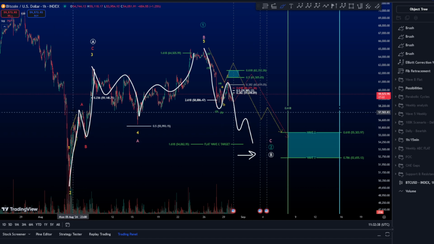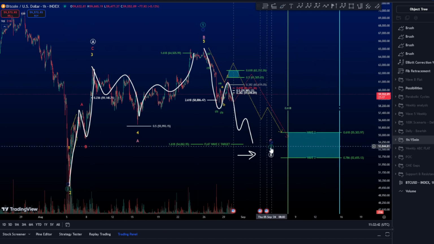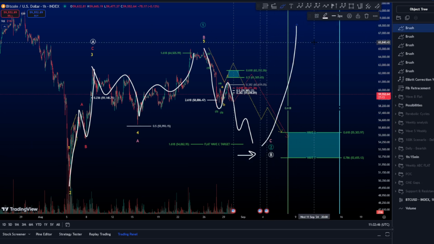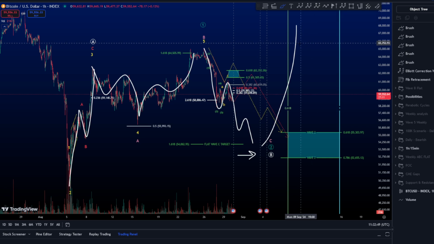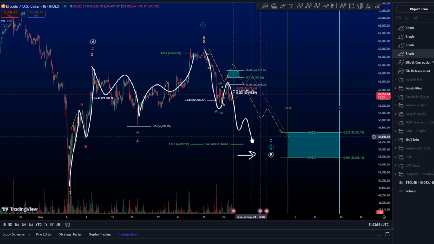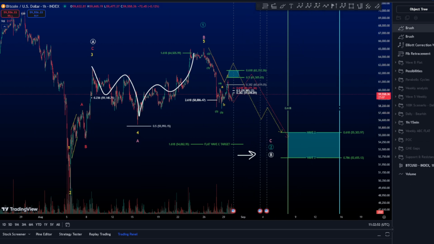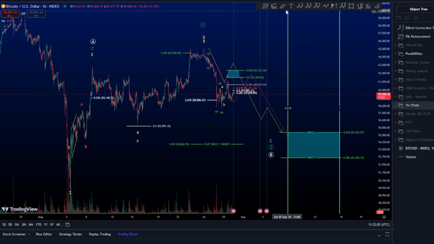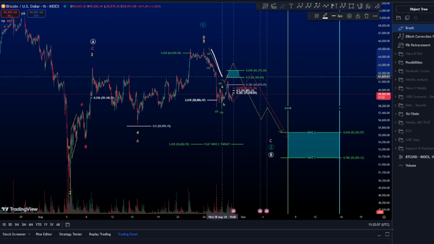Therefore, you have to consider only 3 waves up, 3 waves down, then 5 waves up finishing a wave B, and looking for a wave C towards the upside. Great, so this is now our scenario here, that it could happen in the yellow that you see here.